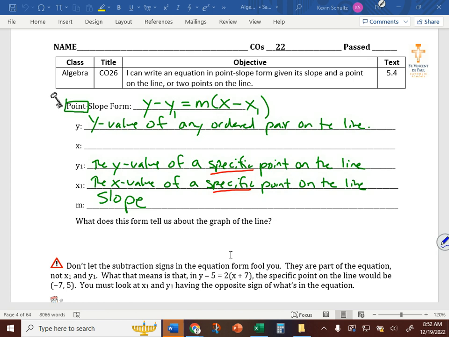The key word here is any ordered pair, not a specific one. Any ordered pair on the line, you plug it in for x and y, and it would make the equation true. Same thing here. The x variable is the x value of any ordered pair on the line. Again, key word any.